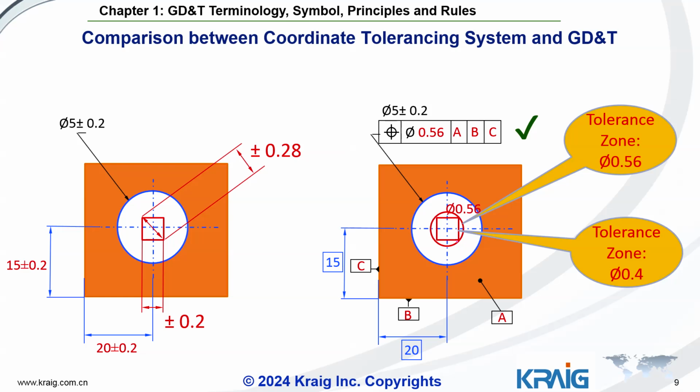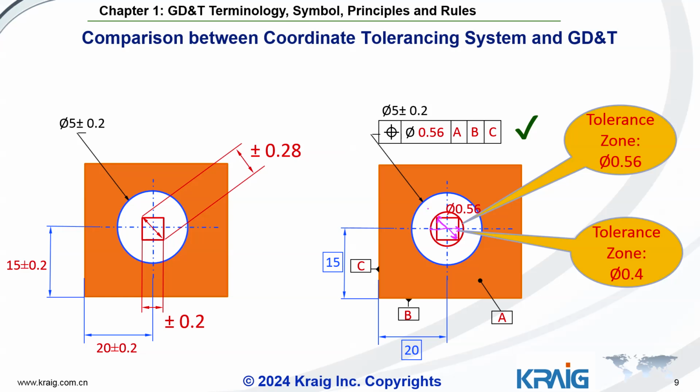So in that case, if you are allowed to deviate in this direction plus minus 0.28, that means any direction is supposed to have the same deviation, right? Because the hole and the shaft have the gap evenly all around.